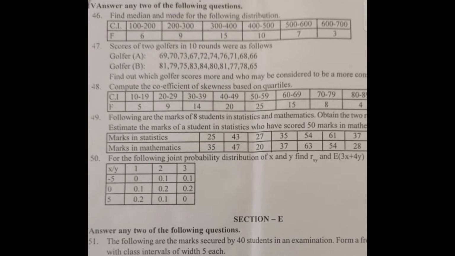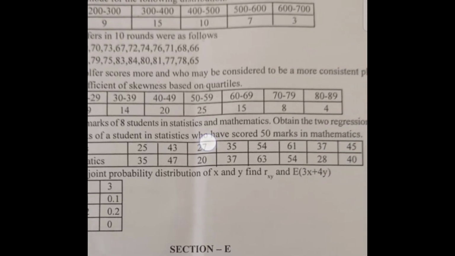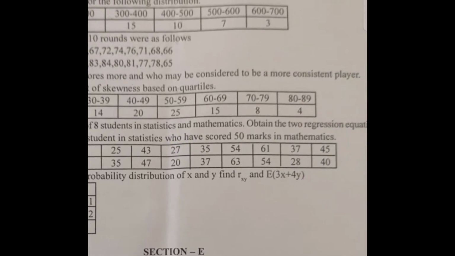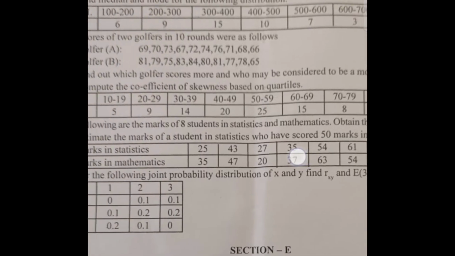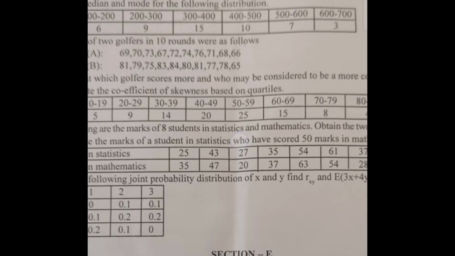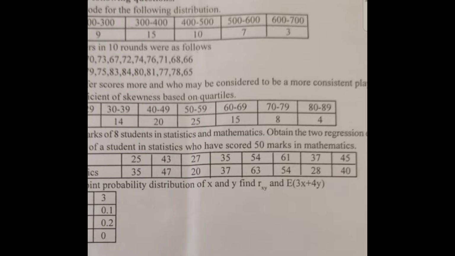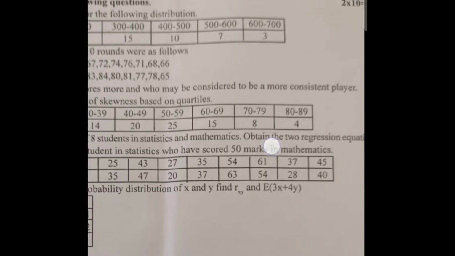The second question is the CV, the coefficient of variation problem. Here they have not mentioned it as a CV problem, but it is a coefficient of variation problem, because you have to calculate the most consistent player, find out which goaler scores more and who may be considered the more consistent player.